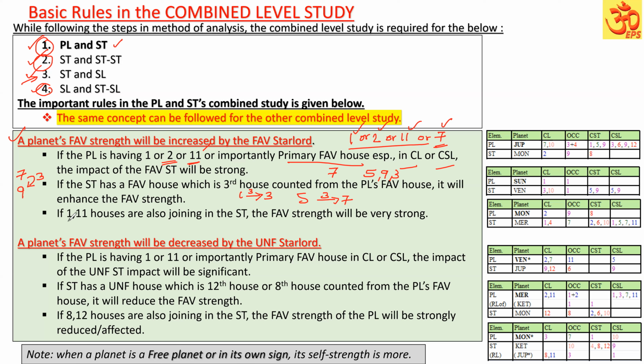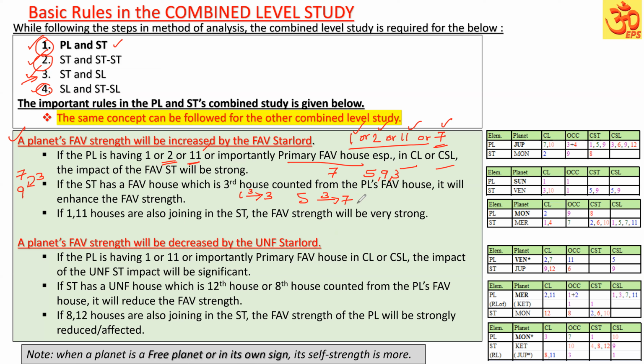Next point. If the star lord is having Lagna and 11th house along with that, it means if the 11th house is also joining in the star lord, the favorable strength will be very strong.